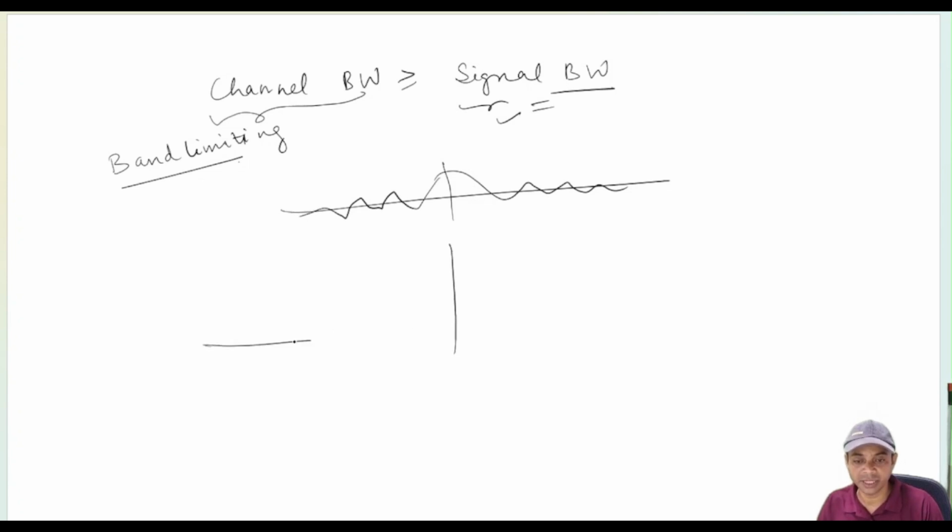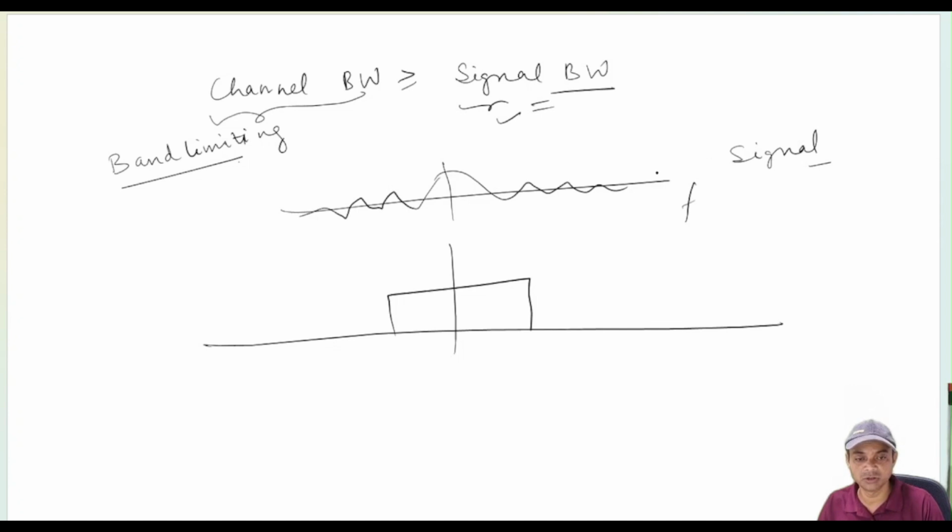and then we have to multiply it with a low pass filter. This is our signal in the frequency domain, and this is our filter, the low pass filter.